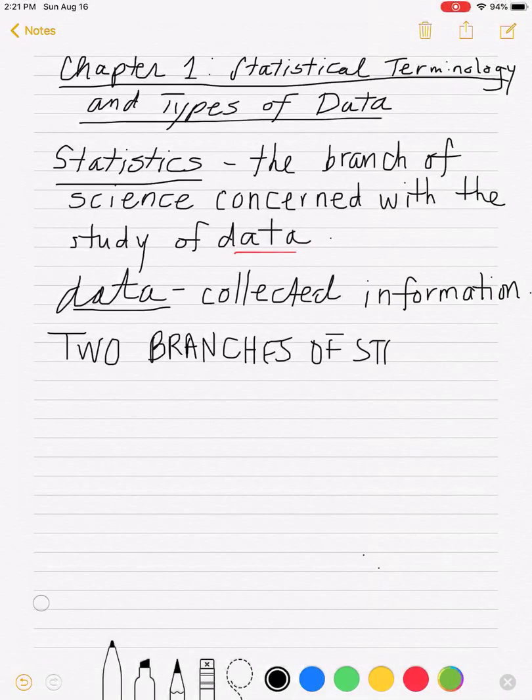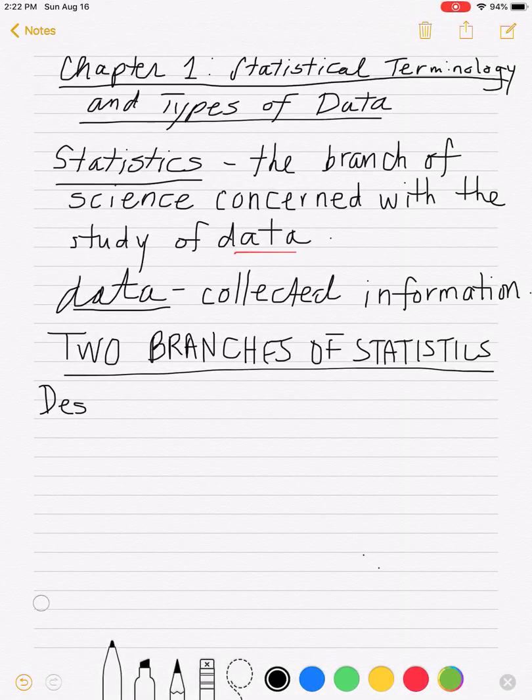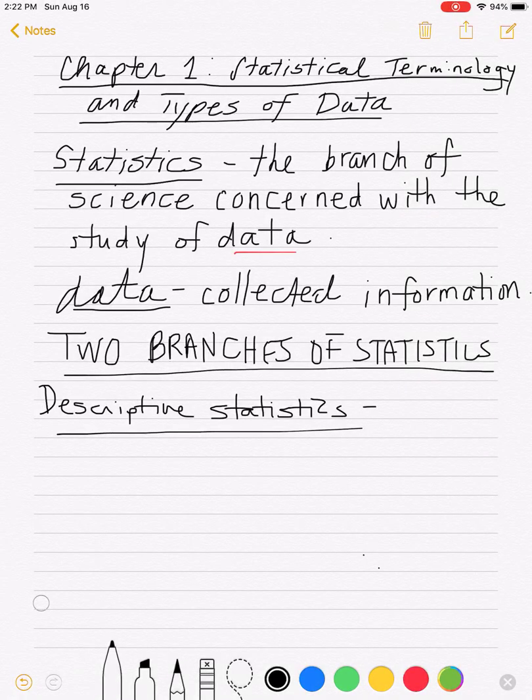The first one we're going to call descriptive statistics. That branch of statistics is concerned with collecting data and describing data.